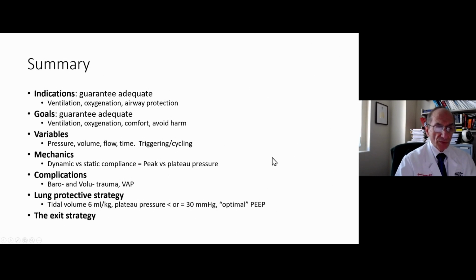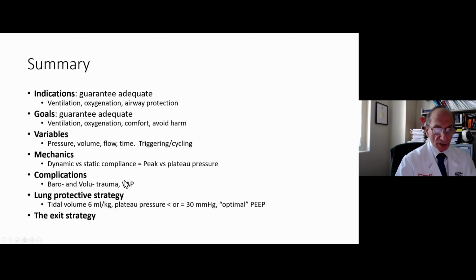The variables that we have at hand are pressure, volume, flow, and time. We talked about what triggering and cycling mean. And in terms of mechanics, we talked briefly about dynamic and static compliance, which we get from peak and plateau pressure measurements.